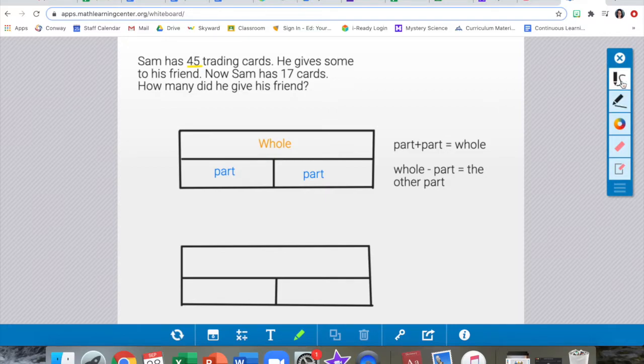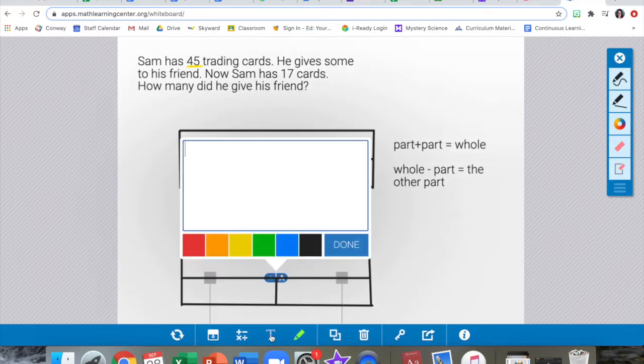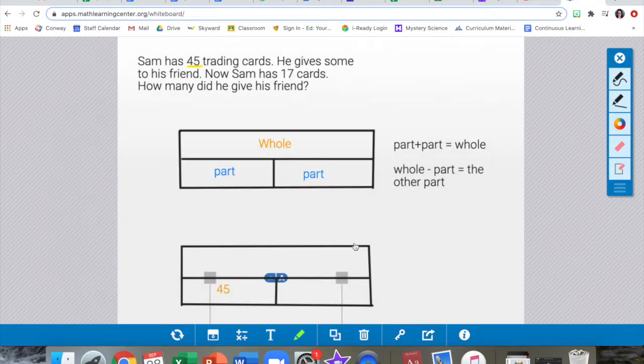Okay, so in this story about Sam and the trading cards, we know that 45 was the whole. So that's what we put in that section right there.